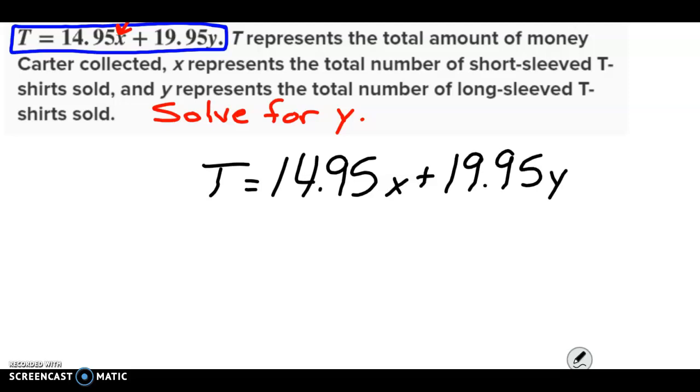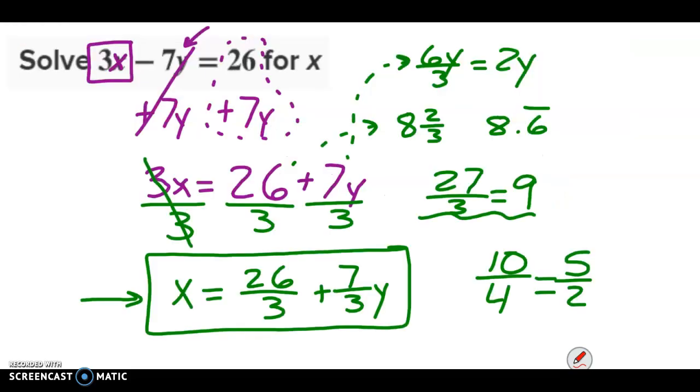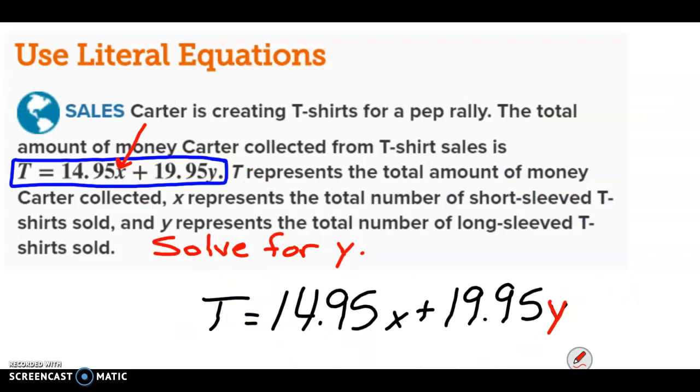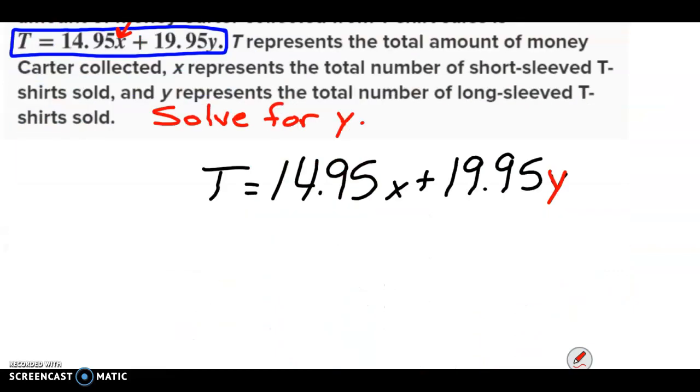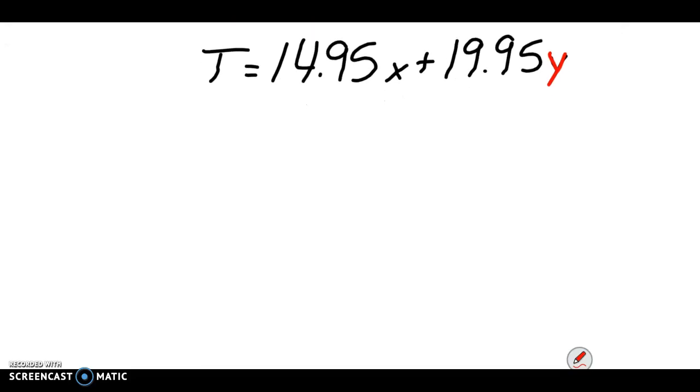Okay? So I need to start getting this y alone. Even though there's decimals and it looks a little ugly, this is the same situation as these first two we looked at. There's two variables, and I've just got to get one of them alone. So I'm going to start moving towards that y term. We can't do anything to get y completely alone until that piece is alone.